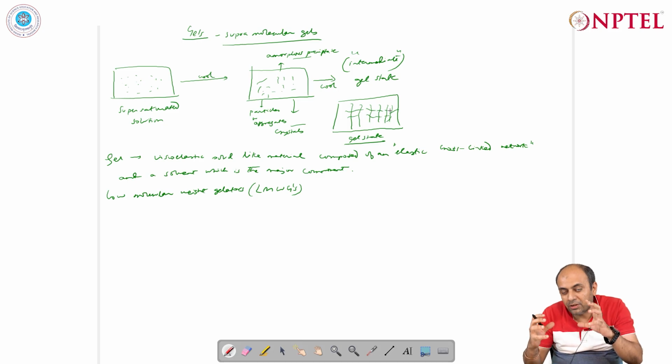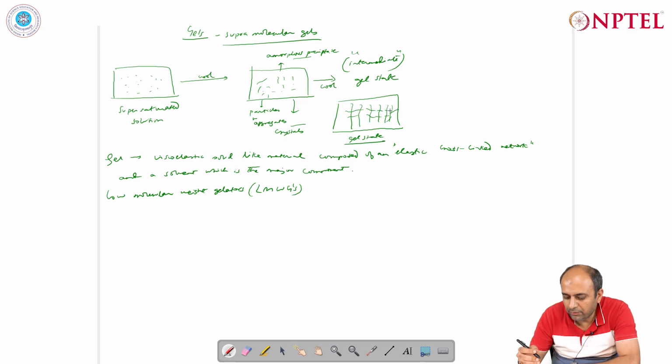This is because of the forces of adhesion between the solvent molecules and the low molecular weight gelators, and therefore this freezes the motion of the solvent molecules. So now most of the solvent molecules get trapped in this three-dimensional matrix, which is created by the interlocking of these fibrillar structures, giving rise to a low molecular weight gel substance.